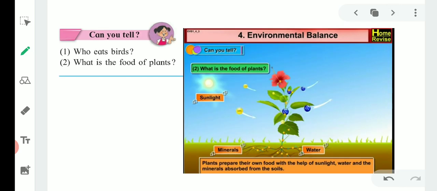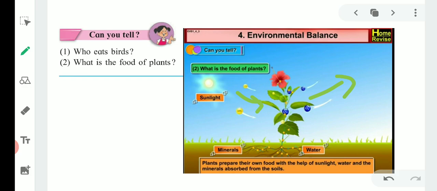Second question is, what is the food of a plant? Plants prepare their food by their own with the help of sunlight, water, and the minerals absorbed from the soil. The plant gets water and minerals from the soil through its roots, and it absorbs CO2, which means carbon dioxide, from the air and removes O2.